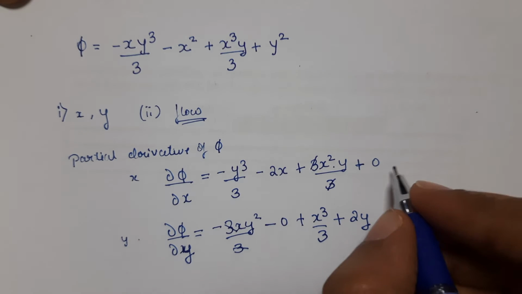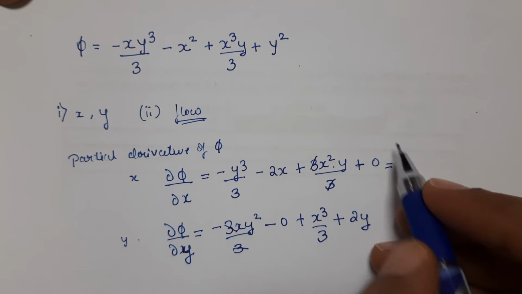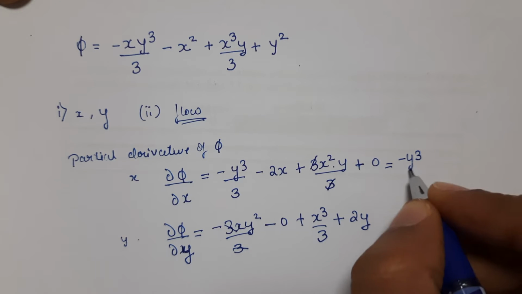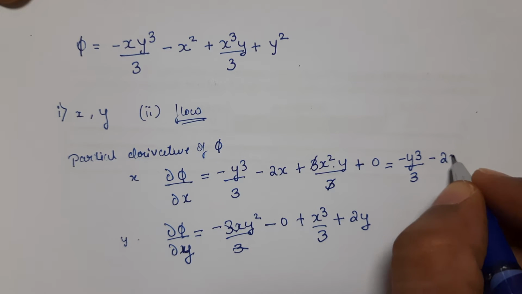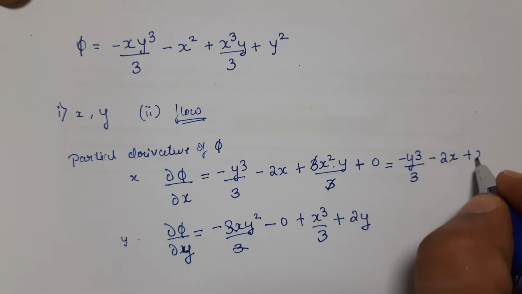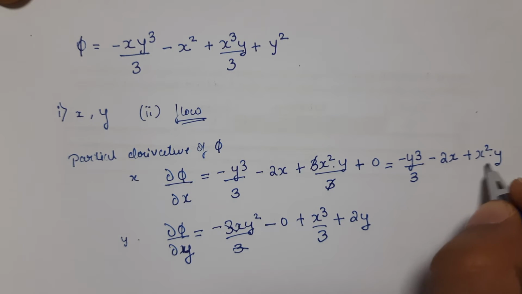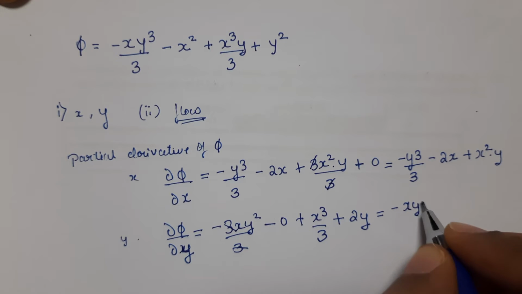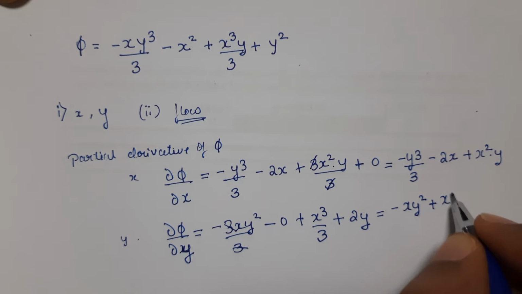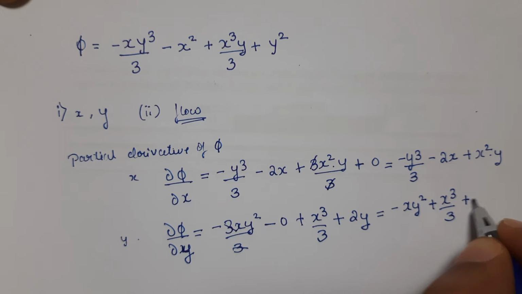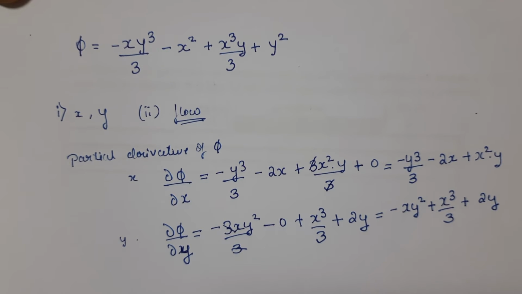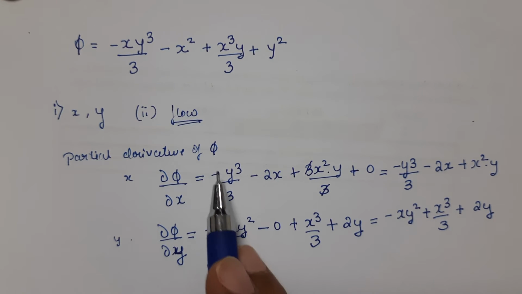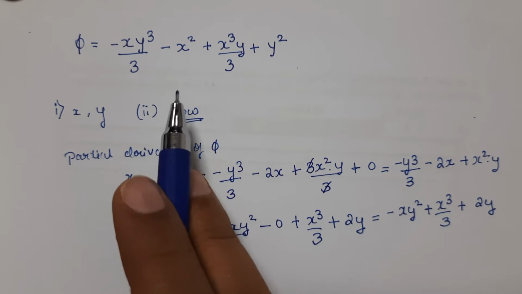So I can write it down neatly here, that is dou phi by dou x here is minus y cube by 3 minus 2x plus x square into y. Okay, so that is what you can write down, and here we have minus xy square plus x cube by 3 plus 2y.